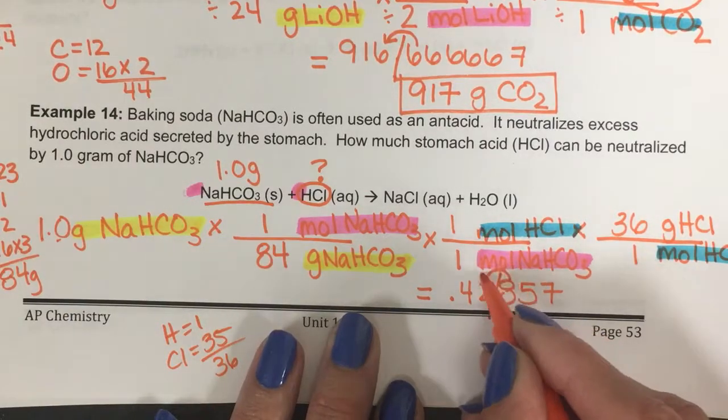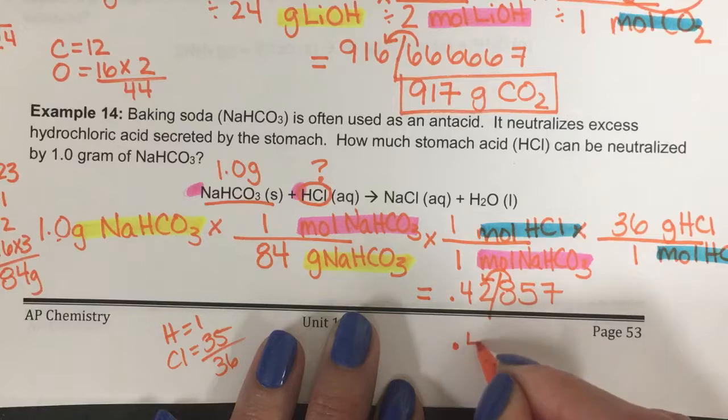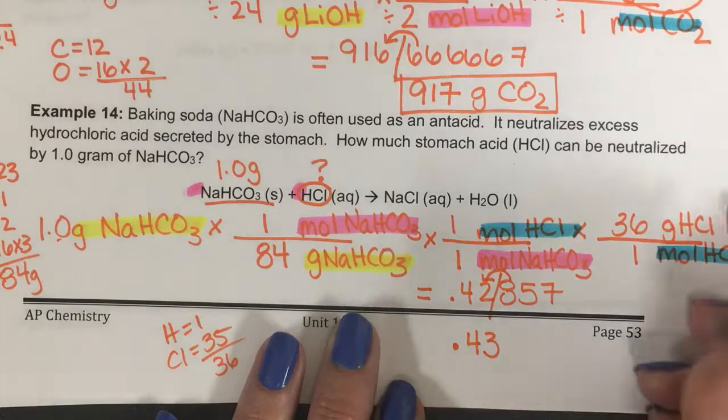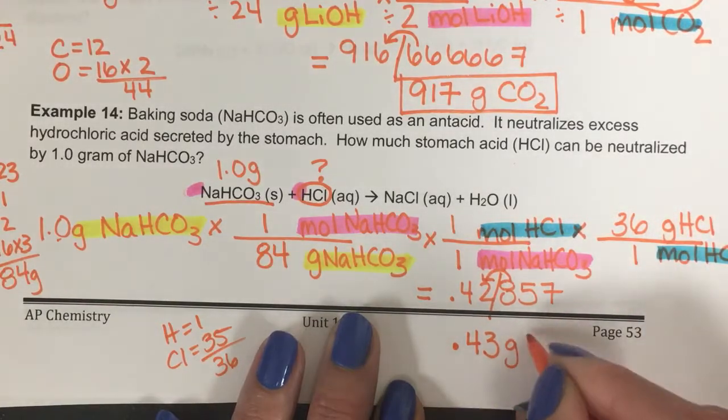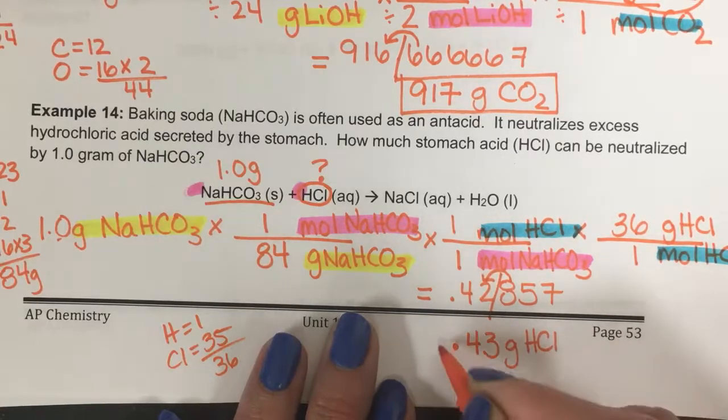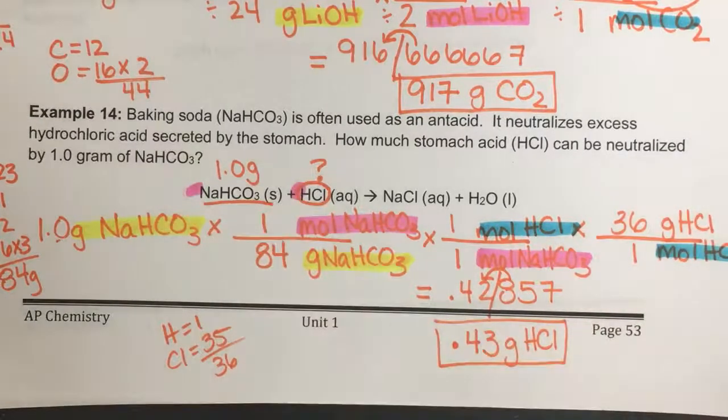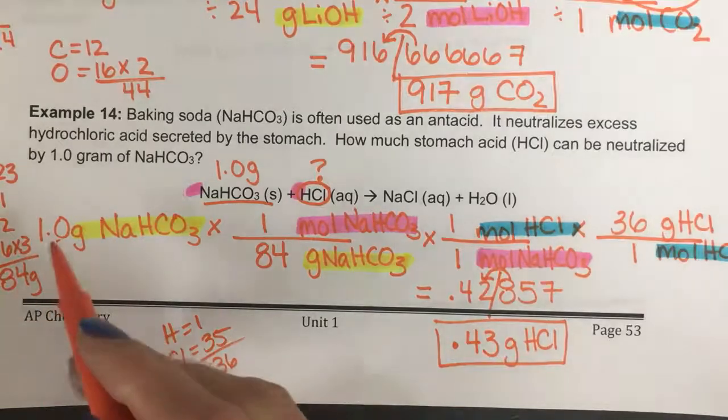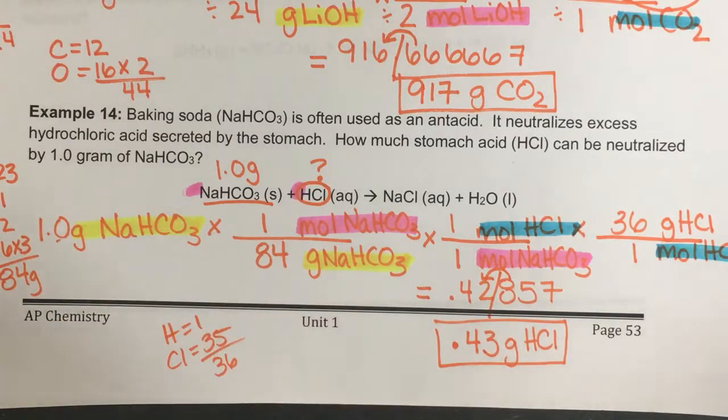Because that's an 8, I round up, so 0.43. I'm left with grams of HCl. So I can neutralize 0.43 grams of HCl if I take 1 gram of NaHCO3.